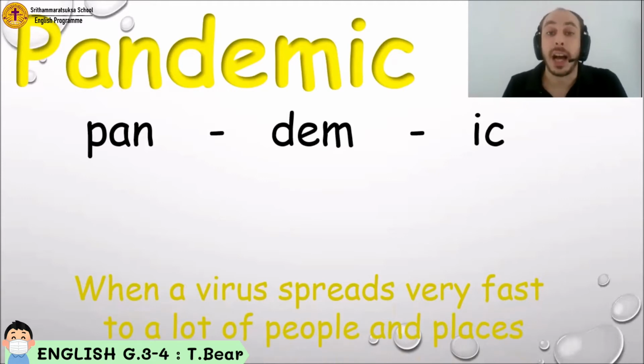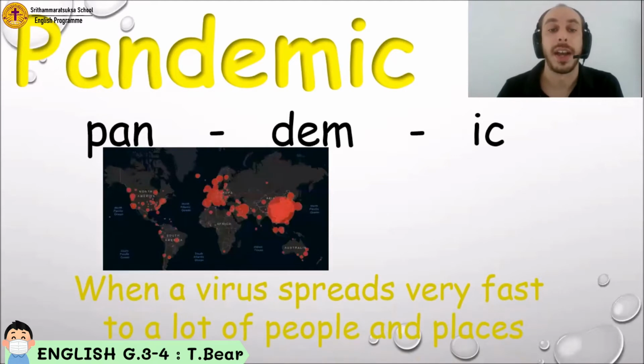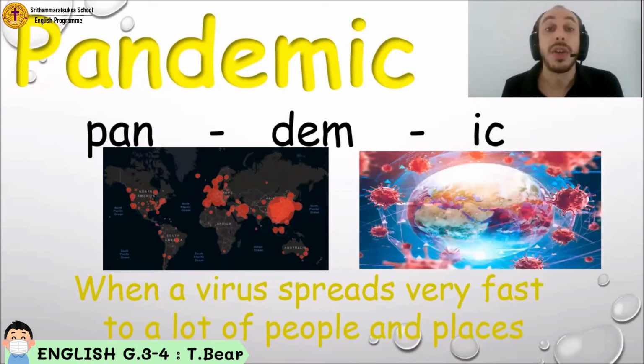COVID has become a pandemic. It's spreading faster than other sicknesses and it's spreading to more people. Just think of more of the map having the virus. More people around the world have the virus. You can think of it as the virus attacking our world very quickly. That's when it becomes a pandemic.